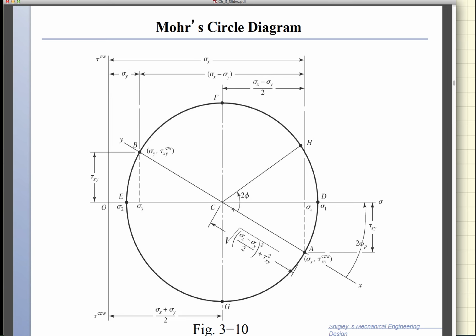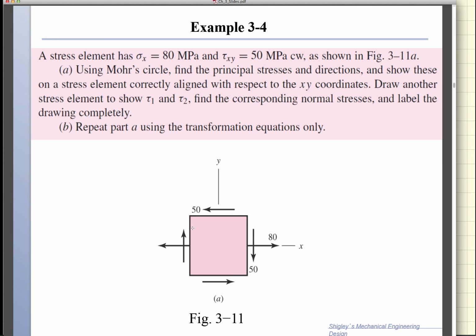If we want the stresses at a different orientation, for example, at any phi, at point H, for example, here, then we could use the Mohr circle to find the corresponding shear and the corresponding sigma 1 and sigma 2. So that's a summary, and let's see if we have an example.